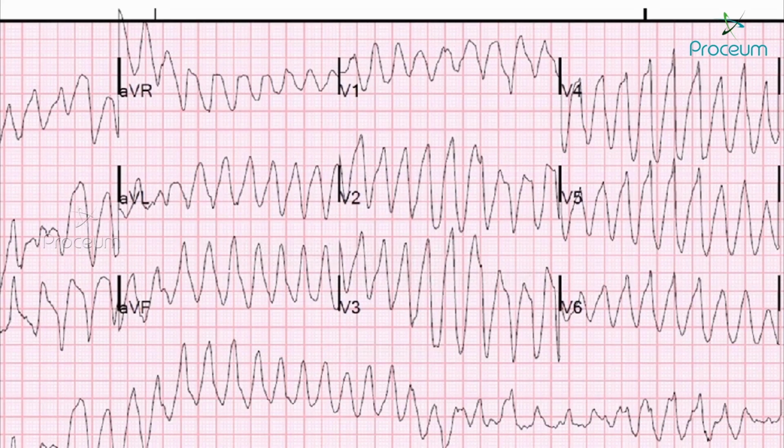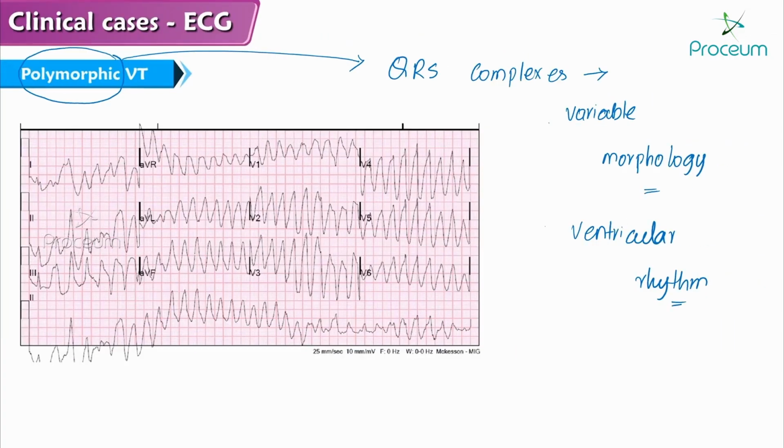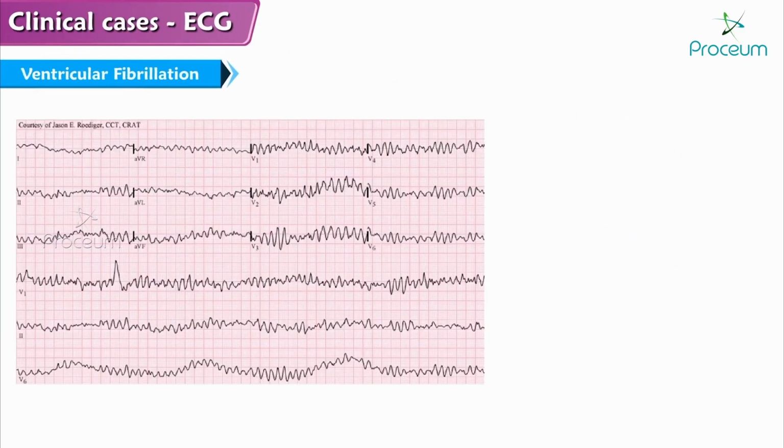And the last one is your ventricular fibrillation. See, in ventricular fibrillation, this is how the ECG will be. You don't have an identifiable QRS complex. Right?